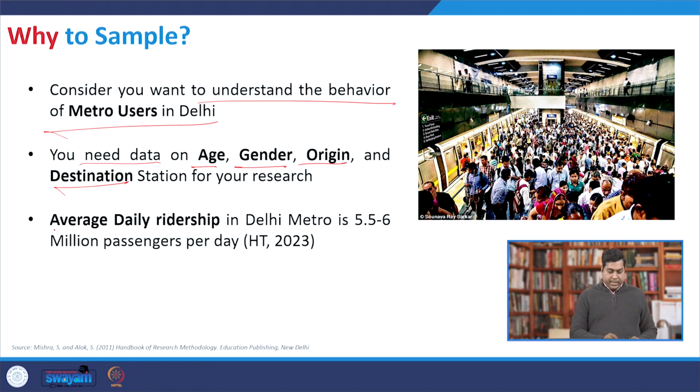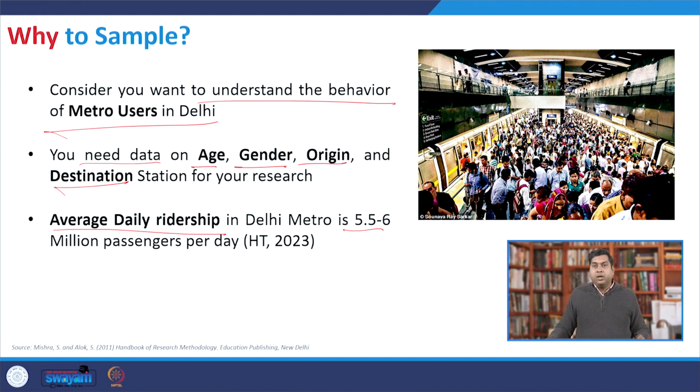In this case, the average daily ridership in the metro is about 5.5 to 6 million. That means, 1 million is equal to 10 lakhs, so each day it is about 55 to 60 lakh passengers in the Delhi metro. Now, can you survey all of them? Definitely, if I answer no, you can't do the entire survey, that is wrong.